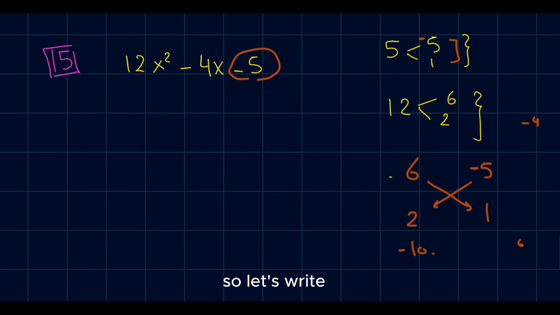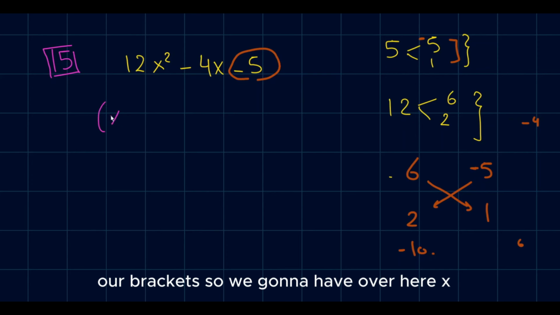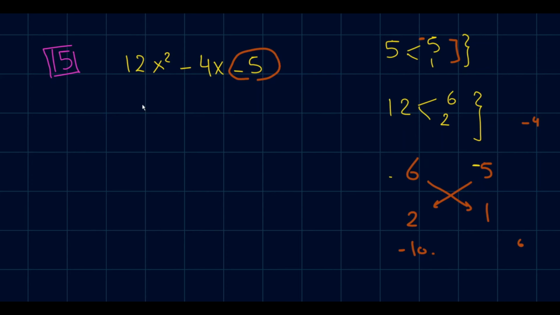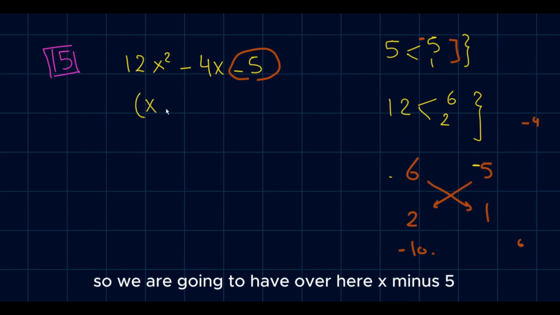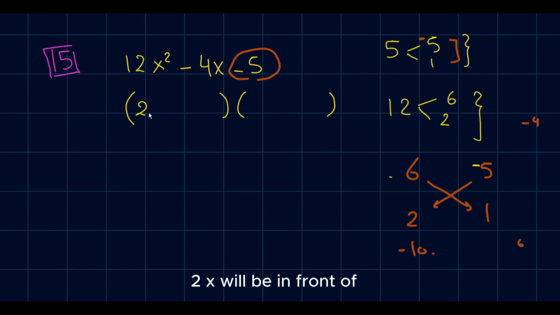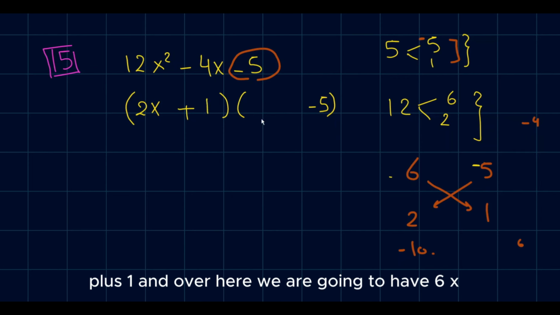So let's write our brackets. We're going to have x, so we have x minus 5. 2x will be in front of negative 5, and we are going to have plus 1, and here we are going to have 6x.